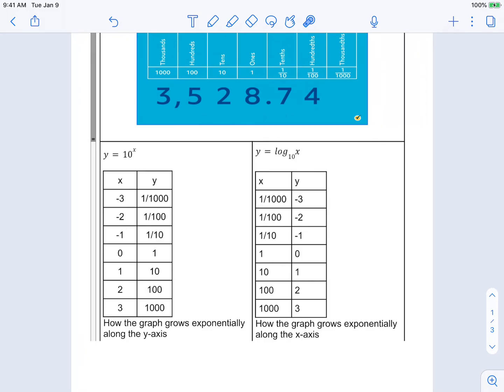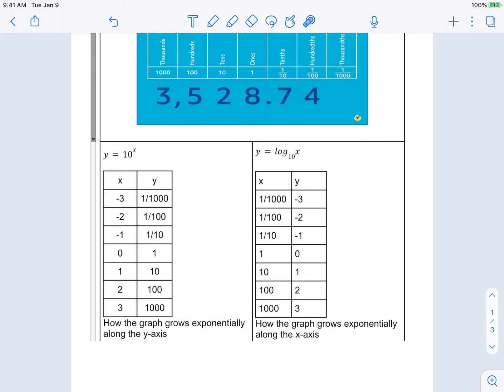I put in a -3, and it puts that 10 in the denominator, and then I multiply 10 times 10 times 10, which gives me 1,000. The same thing with the -2: it puts it in the denominator, and I get the 100, and so on as we move down this table.